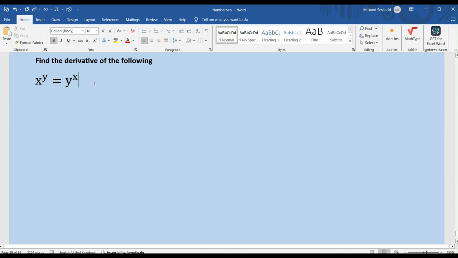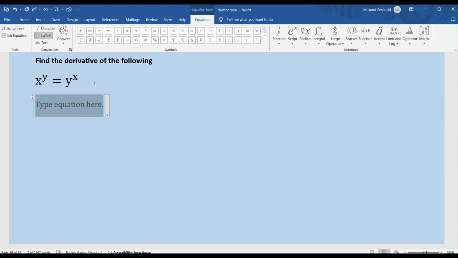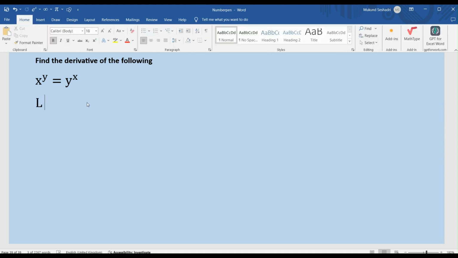And that will help us to simplify and differentiate the expression. So what do we mean by find the derivative of the following? Derivative of the following means find dy by dx. And it's okay in these implicit functions to leave the final dy by dx in terms of y and x. So let's do log on either side and let's see what we get.